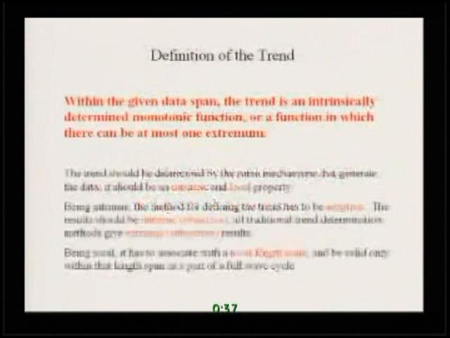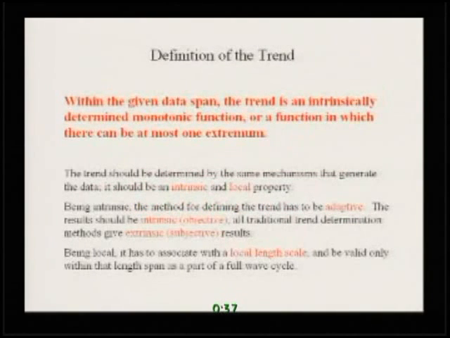Now, obviously, what we need is a definition of trend. Is there a proper definition of trend? Have those leading experts given us a definition? I haven't seen it. So without that, this is my attempt to give a definition.